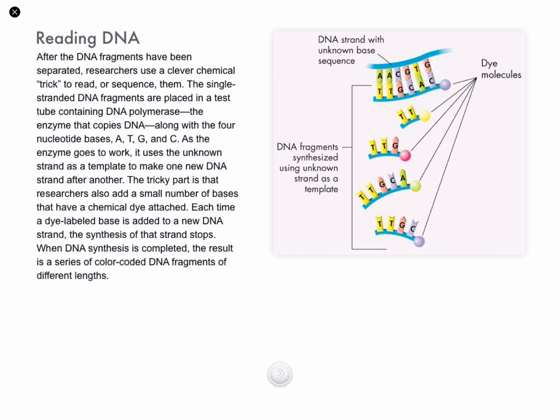The tricky part is that researchers also add a small number of bases that have a chemical dye attached. Each time a dye-labeled base is added to a new DNA strand, the synthesis of that strand stops. When DNA synthesis is completed, the result is a series of color-coded DNA fragments of different lengths.